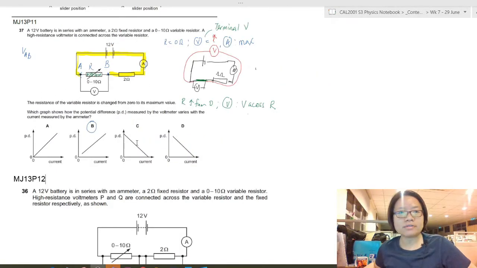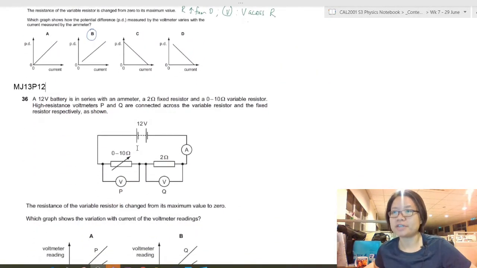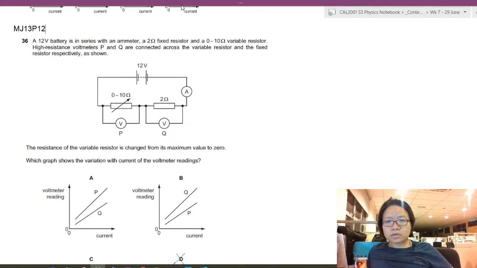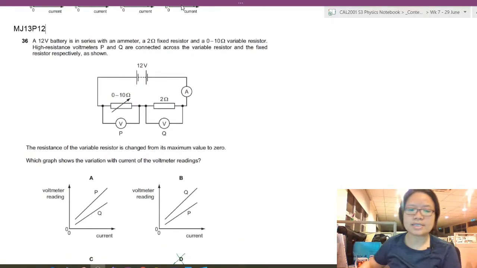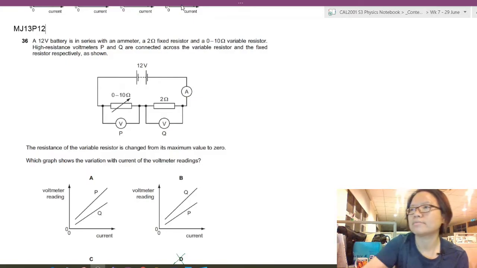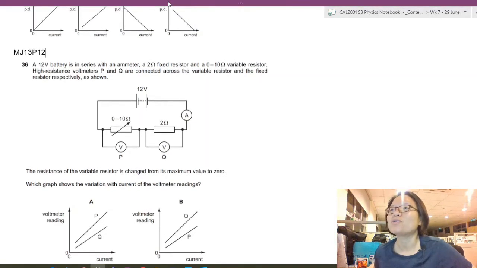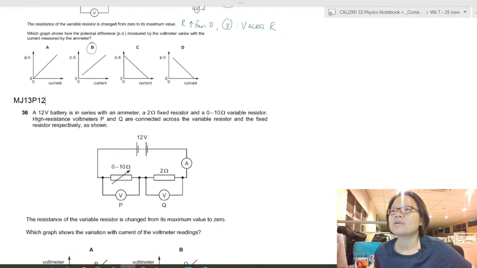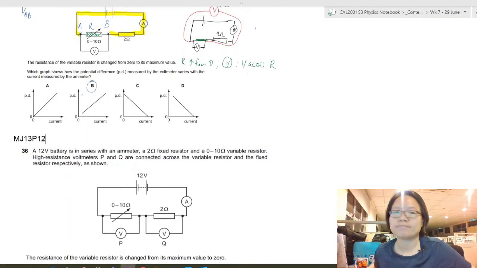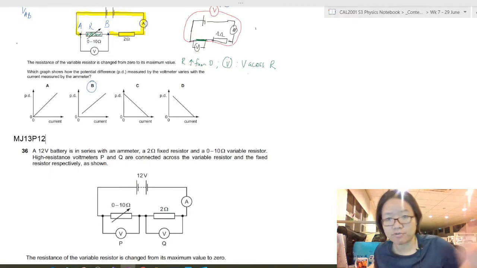Alright, moving on. Same year, different variant. Let's look at a similar question. But are they really that similar? So here you have two very similar circuits. You can compare them, because it's the same year, just a different variant.